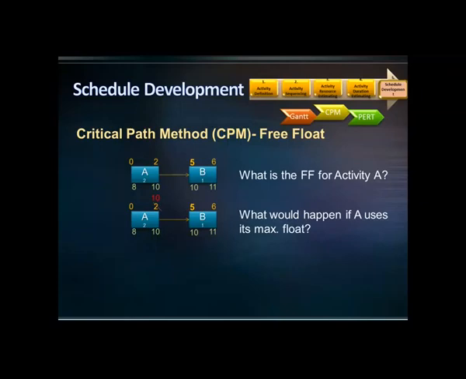Therefore, if A uses its maximum float, then it will impact the early start of activity B. But to calculate the free float, we need to check how much activity A can float without changing the early start of activity B. The early start of activity B is 5 days. So, activity A should finish no later than 5 days to have no impact on activity B, right? It leaves room for 3 days float. Therefore, the free float for activity A is 3 days.